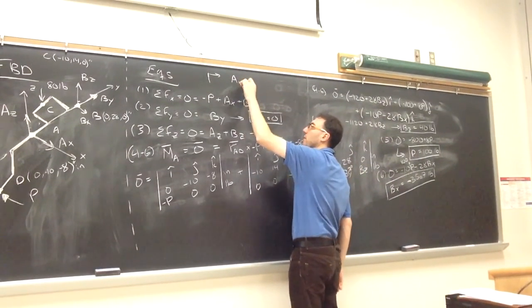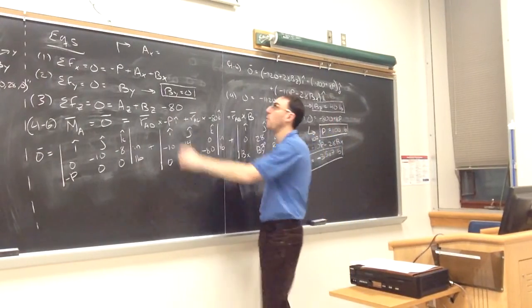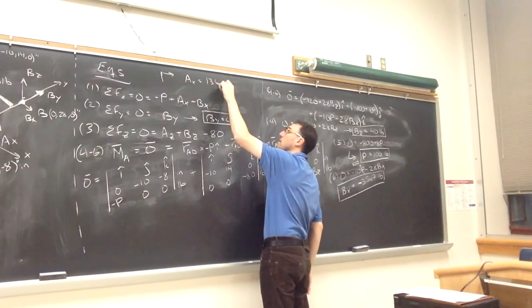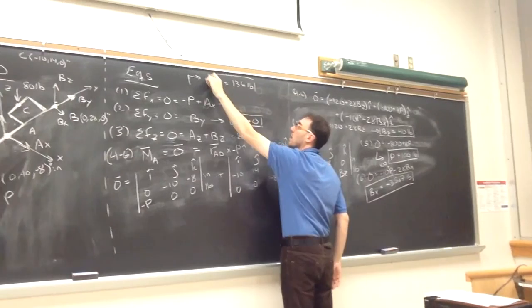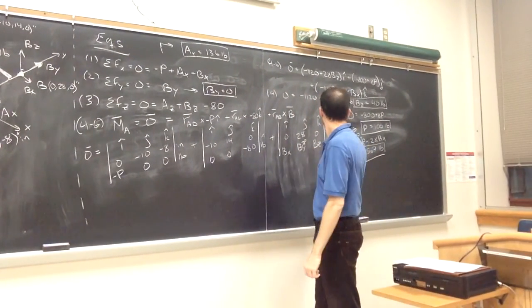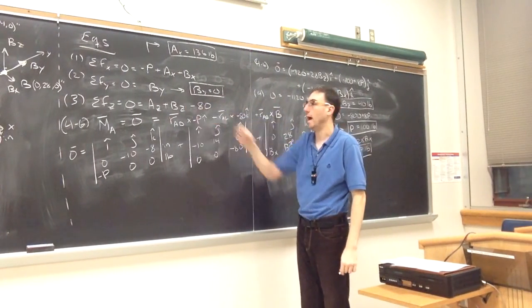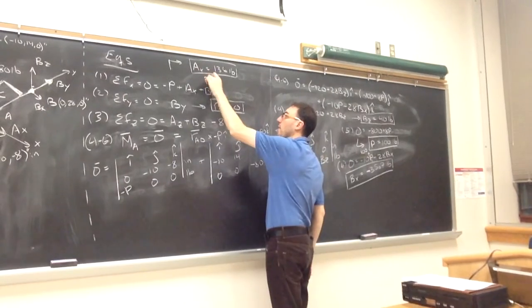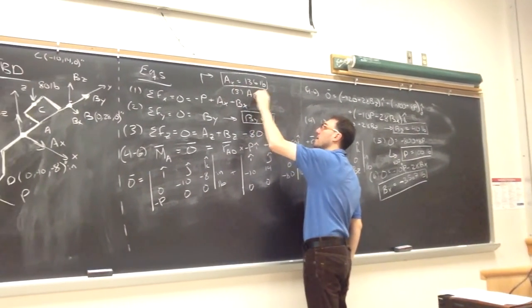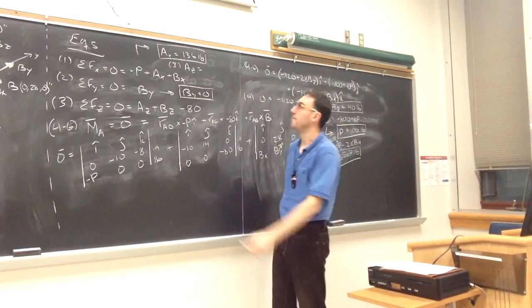The only thing left in equation 1 that I don't know is AX, and that's 136 pounds. And finally, in equation 3, I know BZ now, so the only thing left I don't know is AZ. Solving equation 3 for AZ, I get 40 pounds.